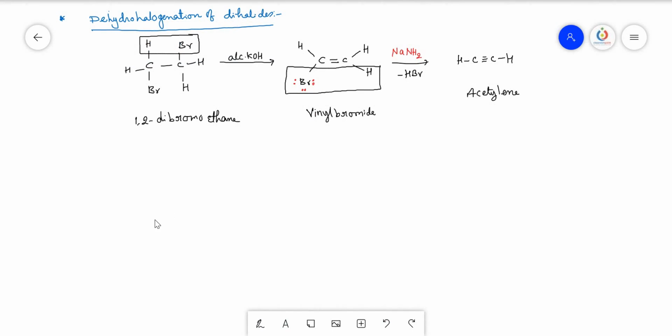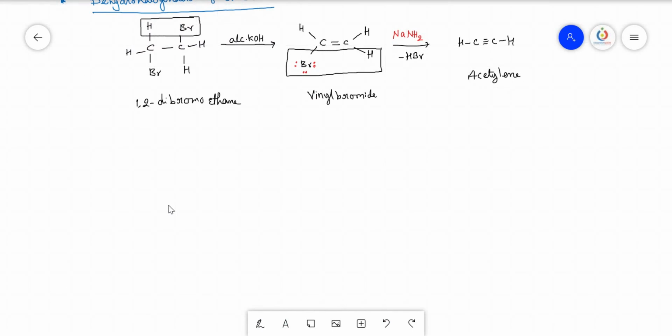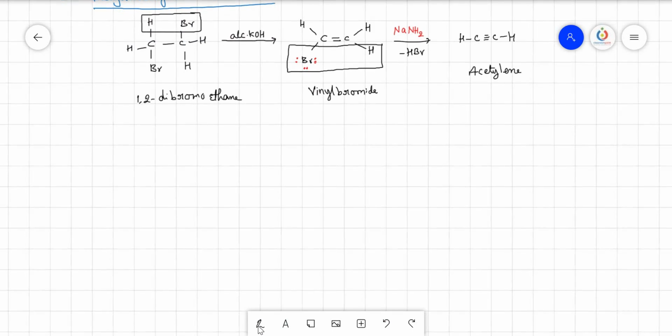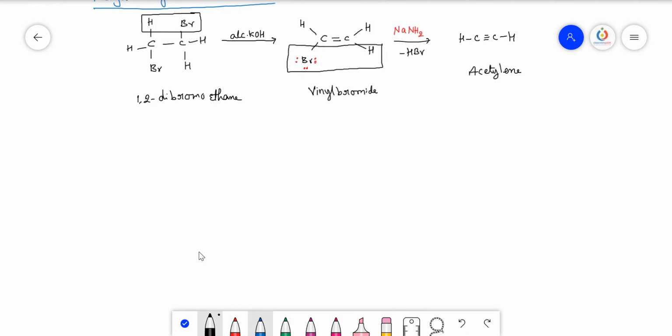Let's try to see one more example. A general dihalide, let us try to take, plus now we are using 2 moles of sodamide directly.